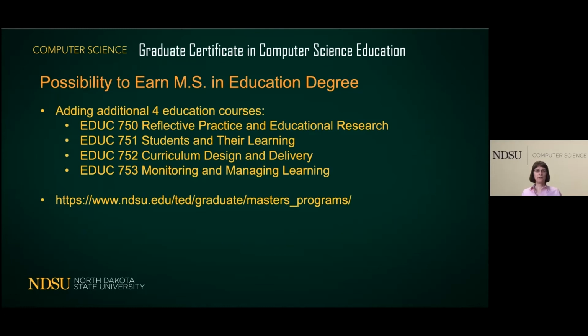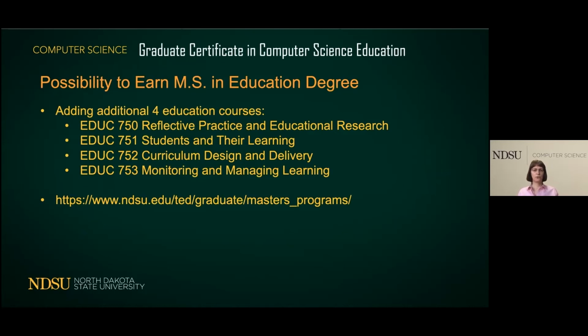So there is a possibility, by completing this graduate certificate, to do a little bit of extra work in order to get a master's in education as well. For this, you would need to take our graduate certificate program first, and then afterwards you would need to take 4 additional courses, and they are listed here.